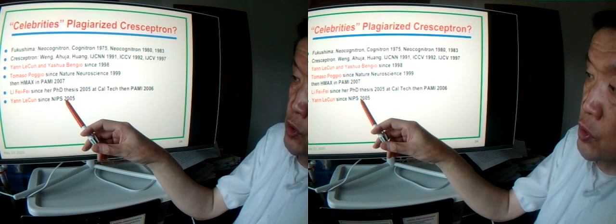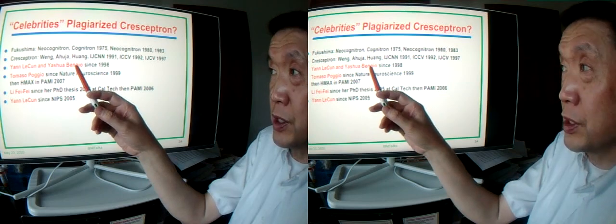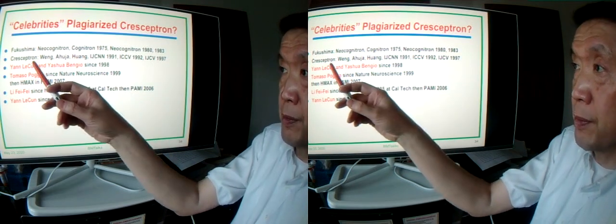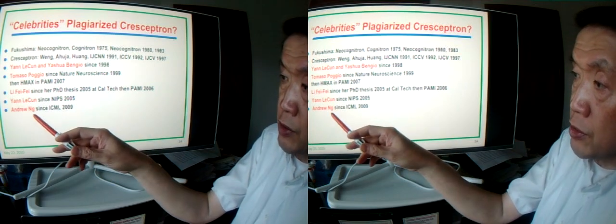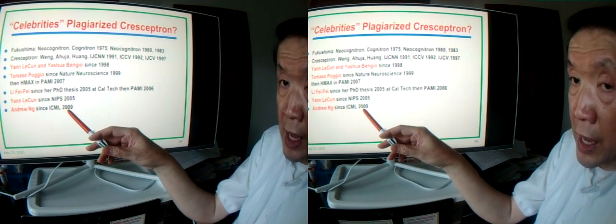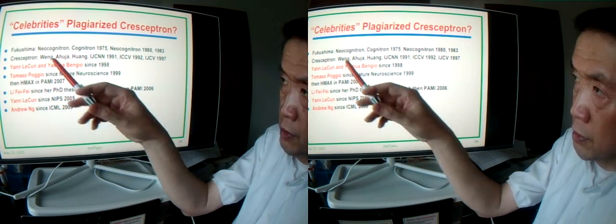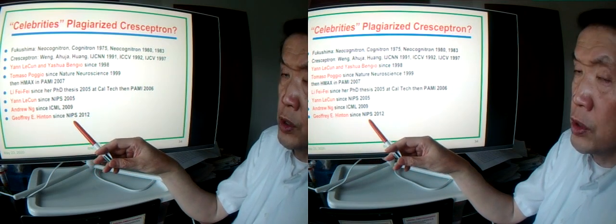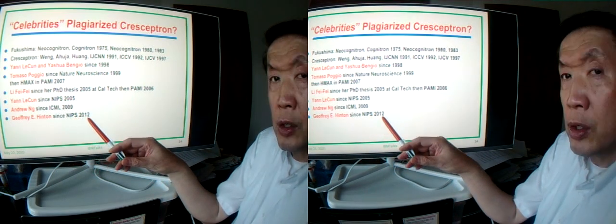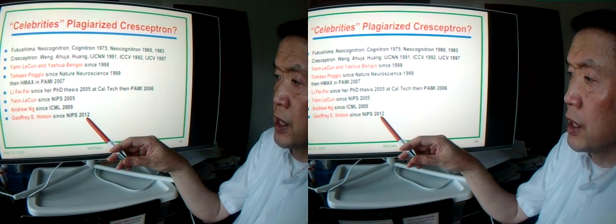That started to do 3D actually. Over here it's still 2D, but even with 2D, they already used the idea of Cresceptron without citing. Here they started to do 3D. And Yann also, in 2009, started to do 3D, and he did that before, but the idea of Cresceptron was used in his work. Geoffrey Hinton was doing 2D until NIPS 2012, when they participated in the ImageNet contest.